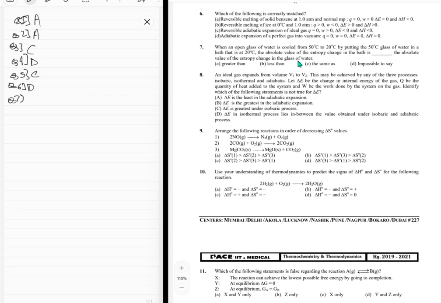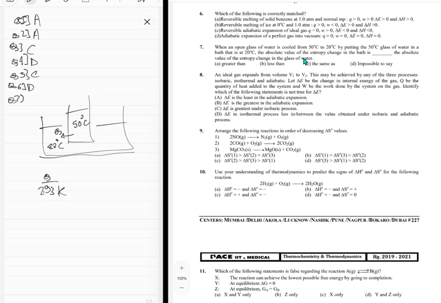So okay, absolute value, that's just a magnitude basically. You have this 50 degrees Celsius water over here, and this 20 degrees Celsius water over here. What do you know? Heat is going to flow from here to here. Let's say Q flowed from it into it. Then its entropy change is just Q upon 20 degrees Celsius in Kelvin, that's like 293 Kelvin.